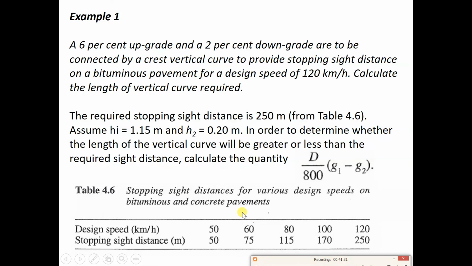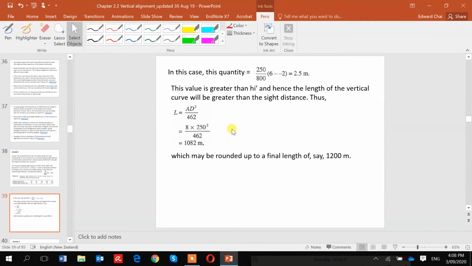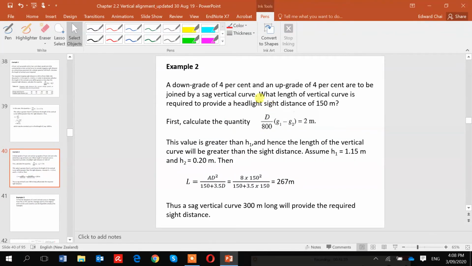So we look at some examples. This one is a crest curve, 6% upgrade and 2% downgrade. So this one is a crest curve. We have another example. This is 6% down.